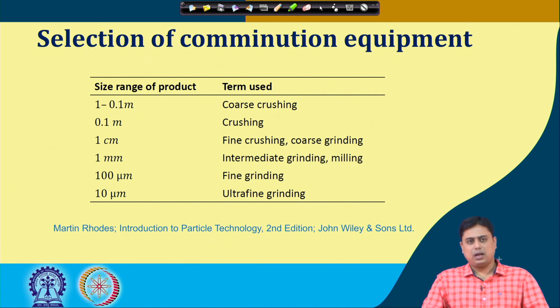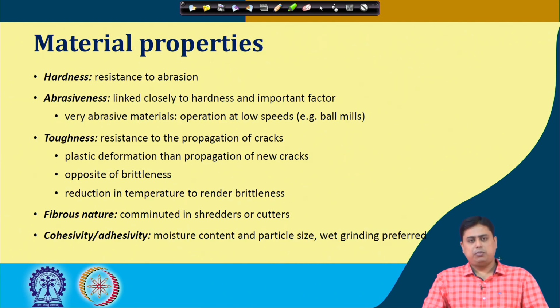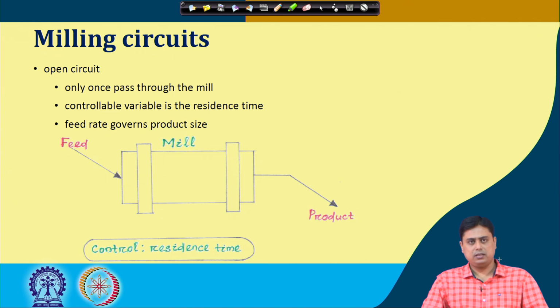So, we started this section by linking with the comminution equipment, or the size reducing equipment, which are the terms we typically use. What are the material properties that are essential to consider when we consider the size reduction mechanism?